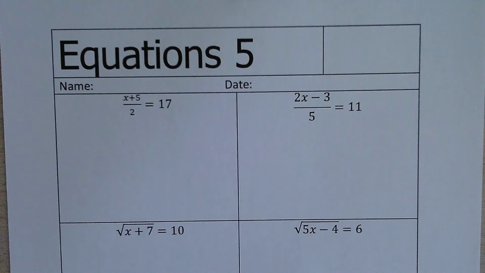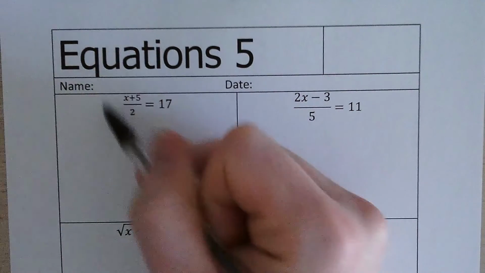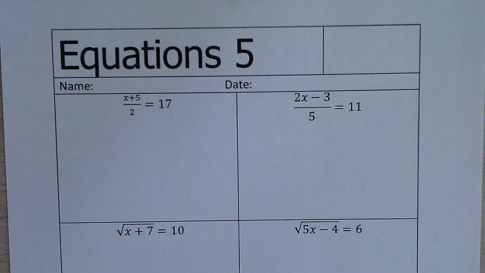Our method from previous lessons to solve equations is we first need to isolate the term and then we need to isolate the variable. The term that contains x is (x + 5)/2. This means it's already isolated.